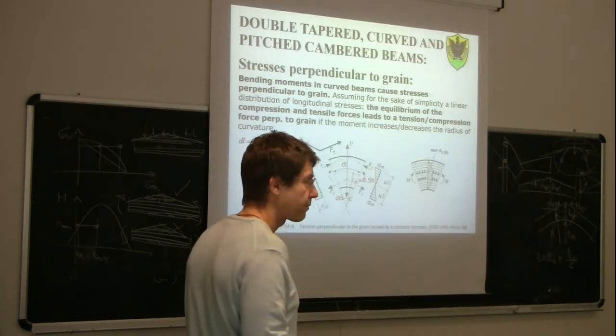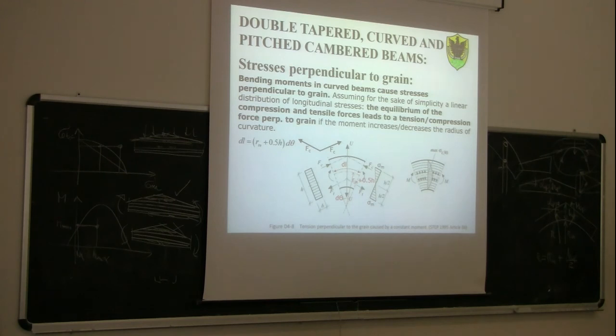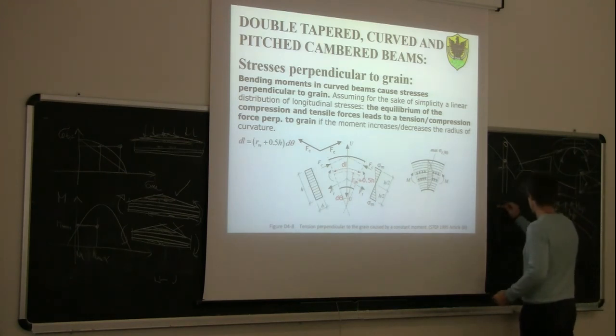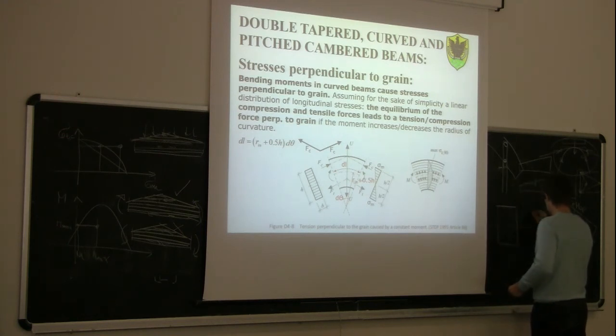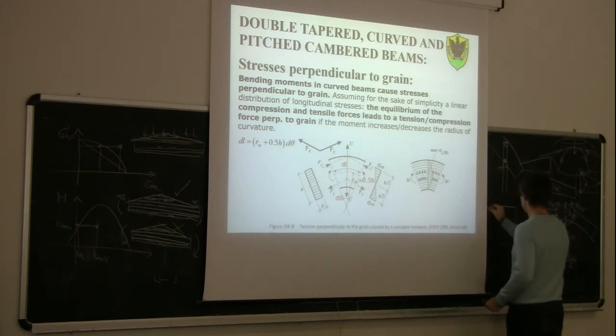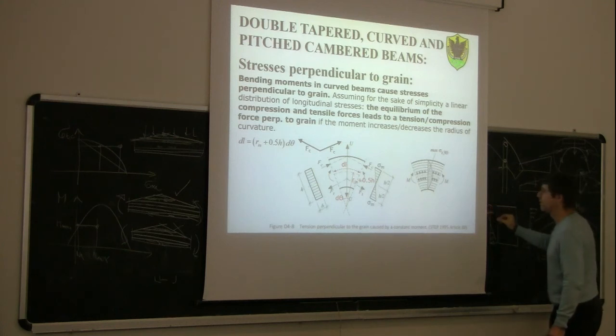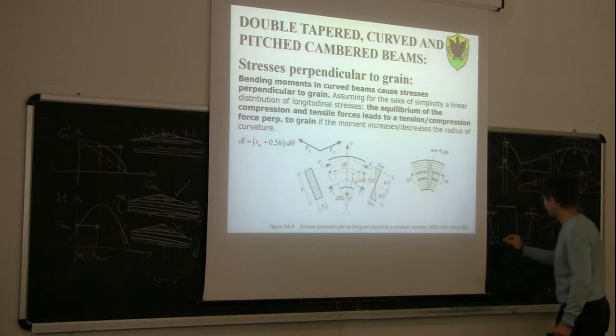Now, when the beam is straight, those two forces, so if you have a piece of beam which is straight, like this, if we study the equilibrium here, of course we will have a compression force here, FC, FT, and FC and FT.